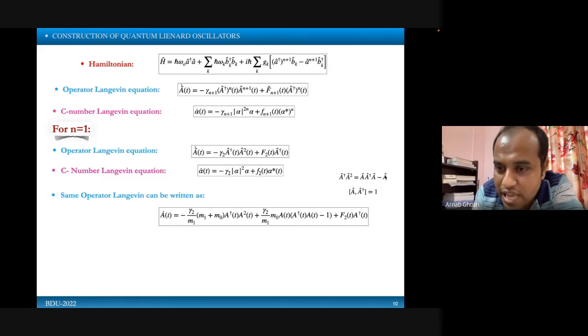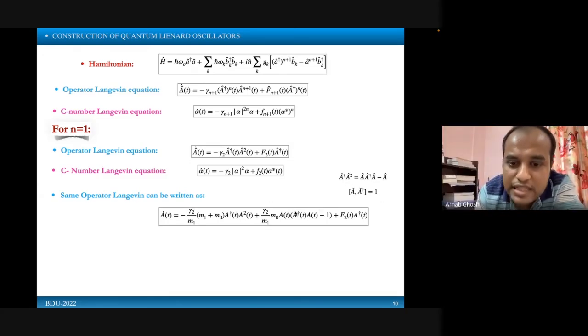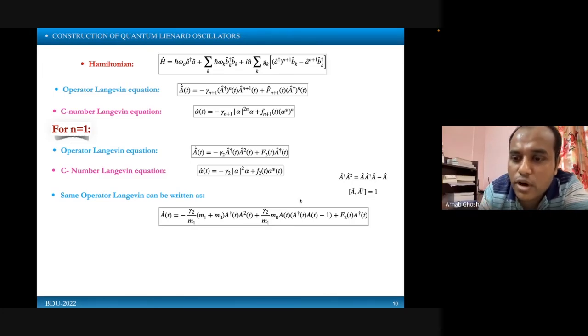So this is another form. Even if you use that, you now have different combinations of this a dagger a squared, and also a dagger a combinations.